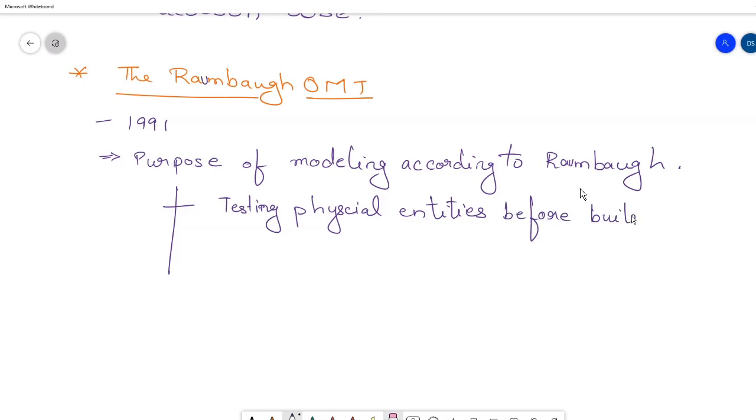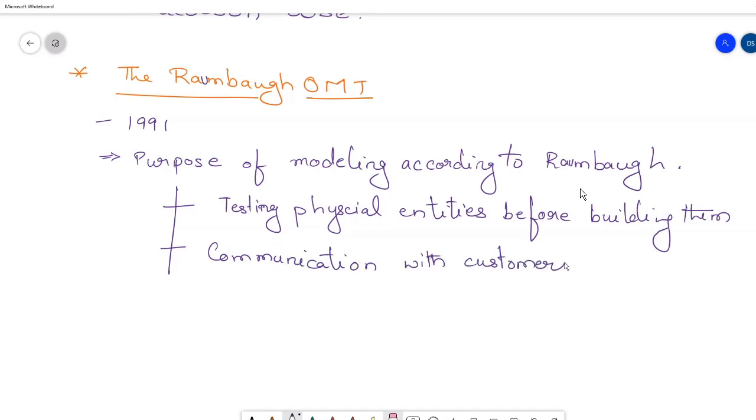The second purpose was communication with customers, then visualization.